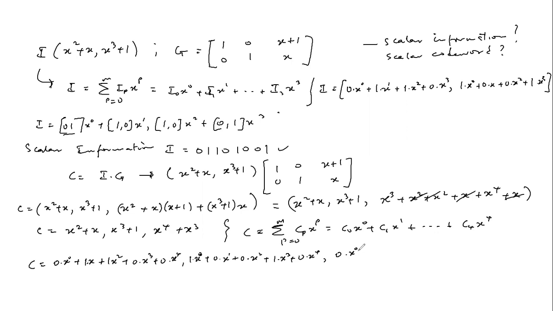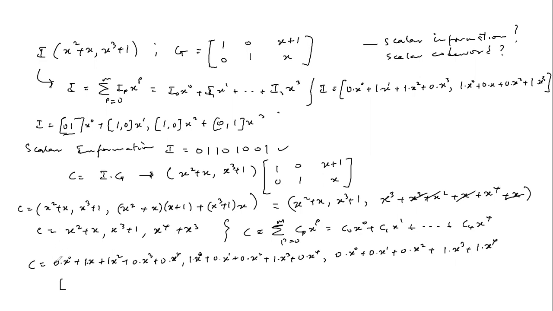0 dot x to the power of 0 plus 0 dot x to the power of 1 plus 0 dot x to the power of 2 plus 0 dot x, no, that's 1. It's the cube there, plus 1 dot x to the power of cube plus 1 dot x to the power of 4.